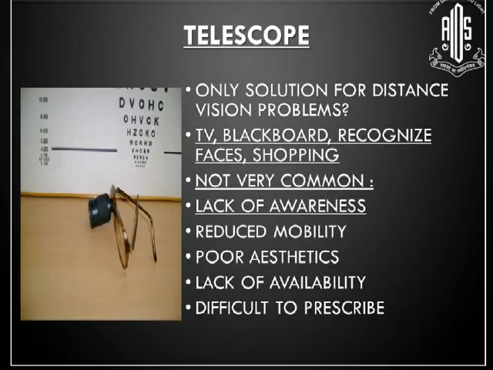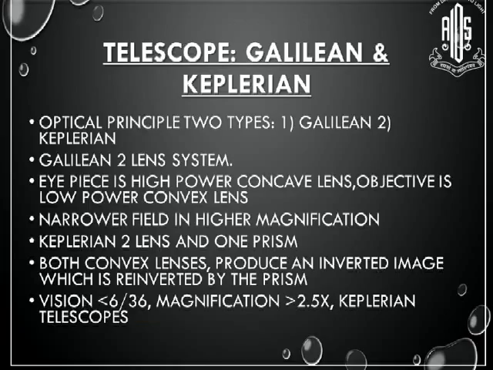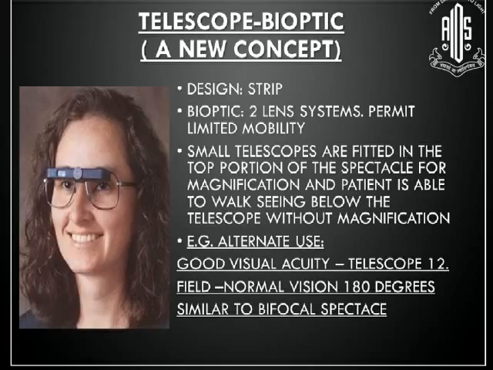Coming to the telescope, it is the only solution for distance vision, to see the TV, black holes, etc. It has two types, Galilean and Keplerian. Another very important thing that has come out is the telescope bioptic.